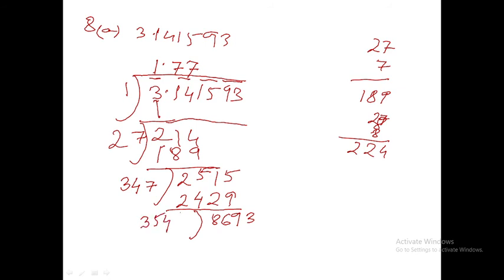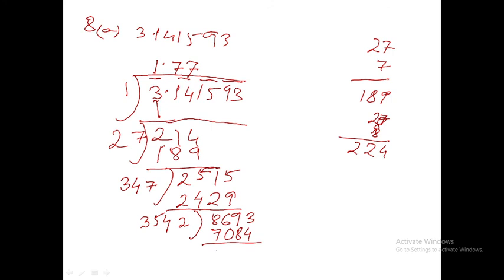Now here if I put 1, it will be 3541. If I put 2 here, then the product will be 7084. Now this is the maximum that we can subtract from here. If I put 3 here, the product will be more than 8693. So 2 you can put here.